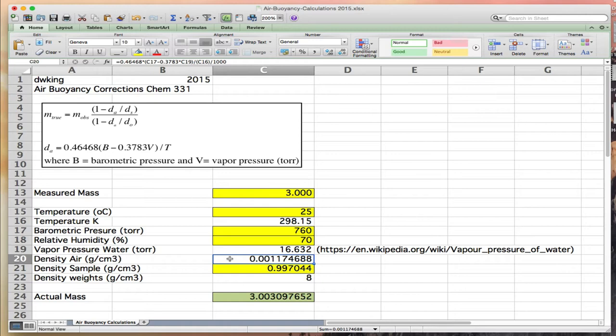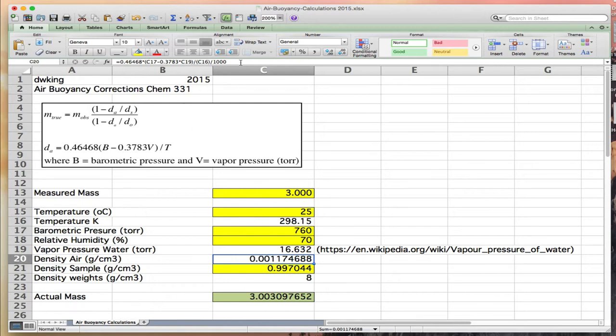Okay, now we get on to the density of the air. Density of air is a computed value, and you'll notice that this equation and this equation align. So here's my 0.46468 coefficient. C17 is the barometric pressure, minus 0.3783 times C19, the vapor pressure, divided by C16, which is the temperature in degrees Kelvin.